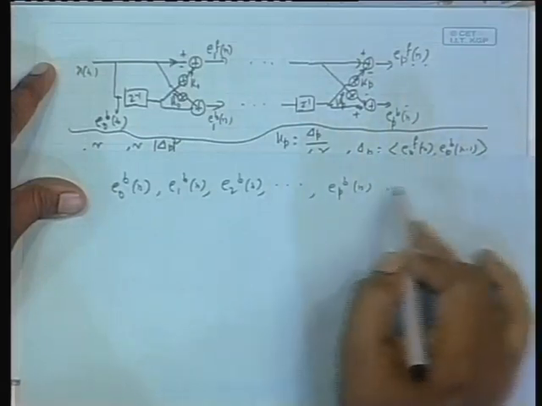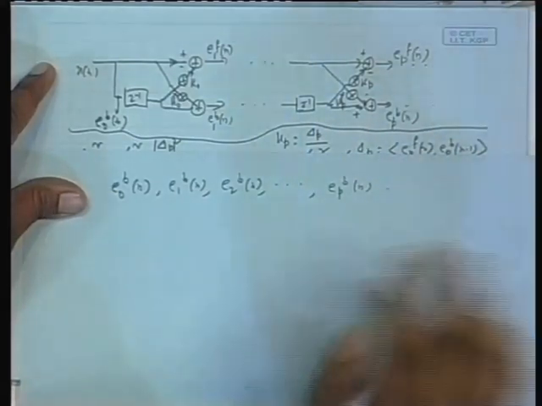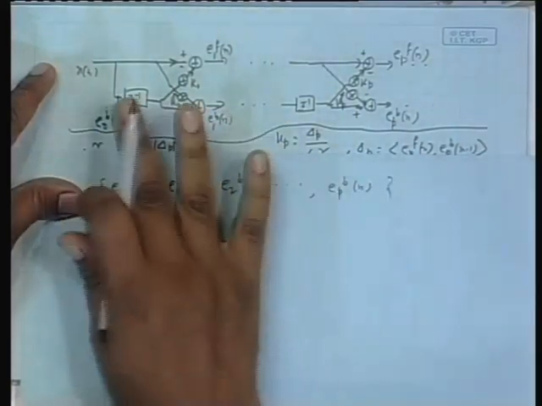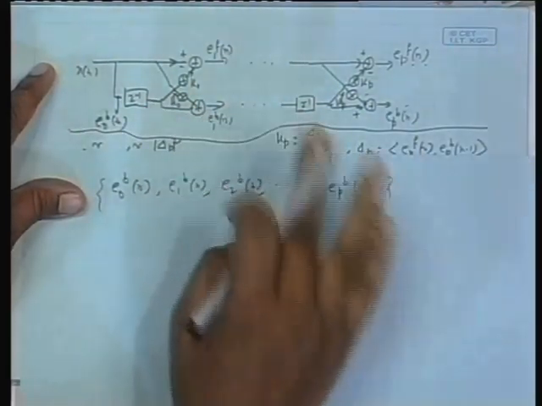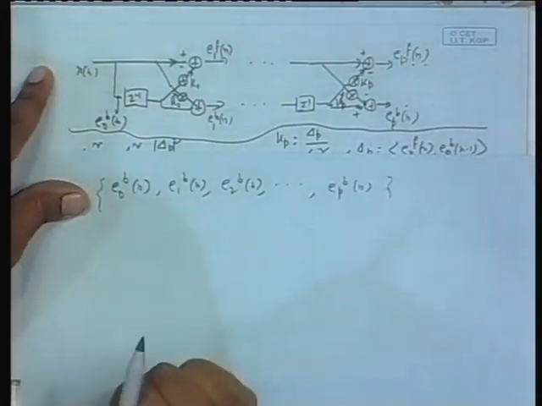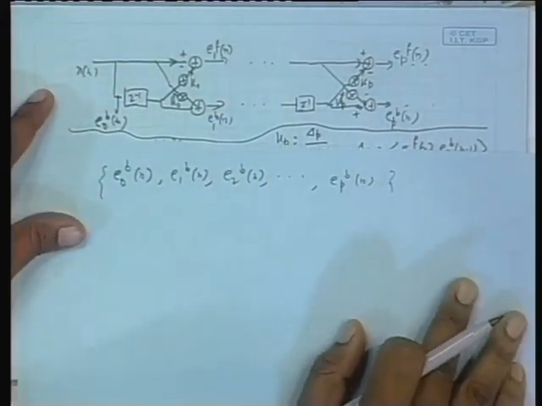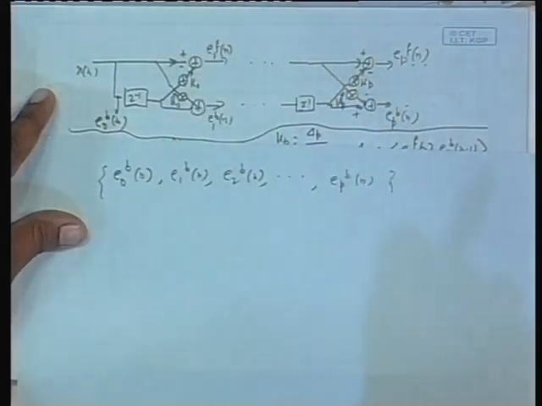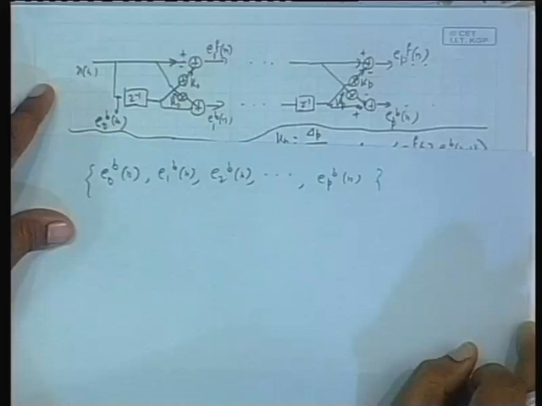It could have gone on with dot dot dot, but suppose I stop here. What are these? Which are available? Once the lattice filter is constructed, you are filtering, these prediction errors are available. What is the utility of these backward prediction errors? Now it will come. It is not only that they help in computing forward prediction errors. What are the utilities of these?